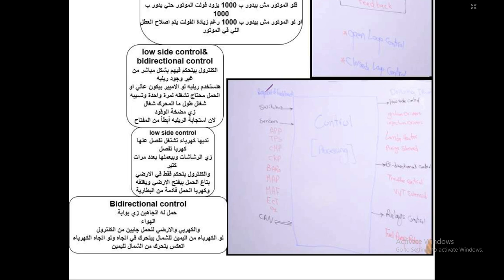The third type of our loads is relay control. As you know, the response of any relay is very slow, so we don't use it for fast loads.